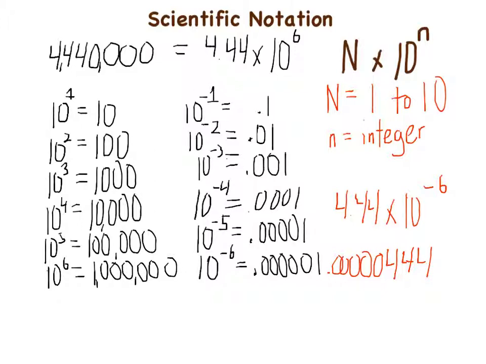So that number is a lot smaller than a million. So that's basically showing what the differences are between a positive and a negative exponent, and what it can do. So next we're going to go over converting numbers to scientific notation.